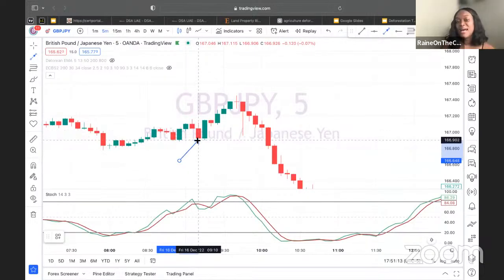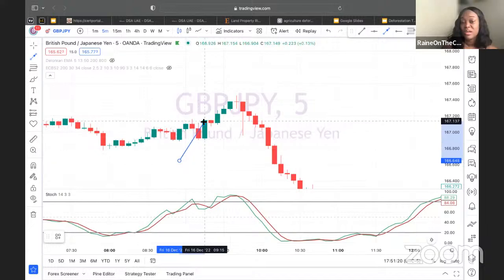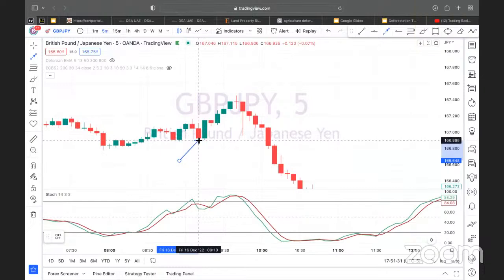Now the very next candle, does it open here or does it open here? This green candle to the right looked like it opened at the bottom.